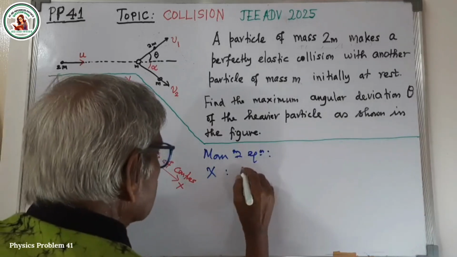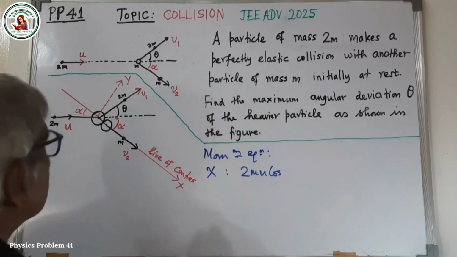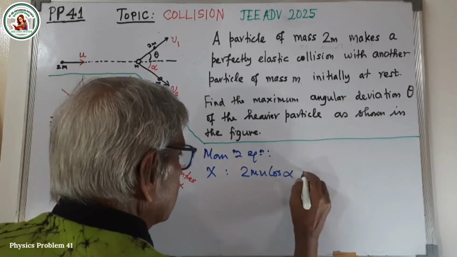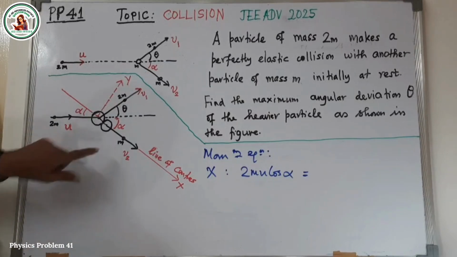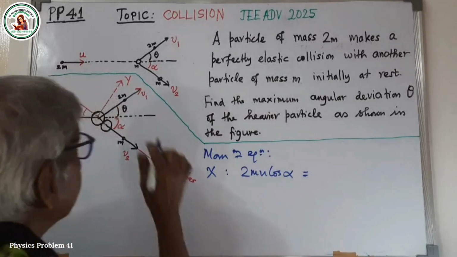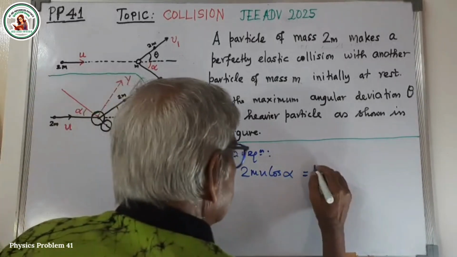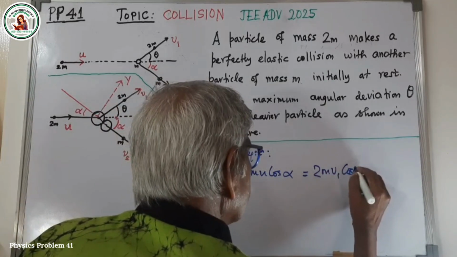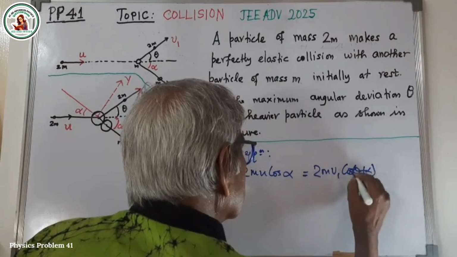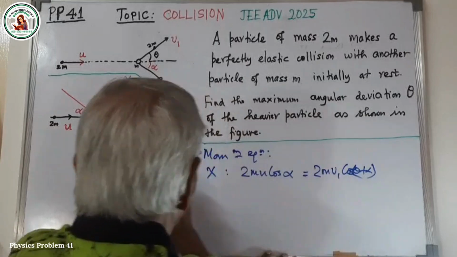So 2mu cos alpha is equal to the final momentum, 2mv1 cos(theta plus alpha), plus mv2.